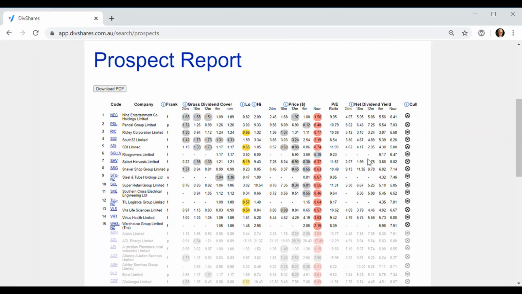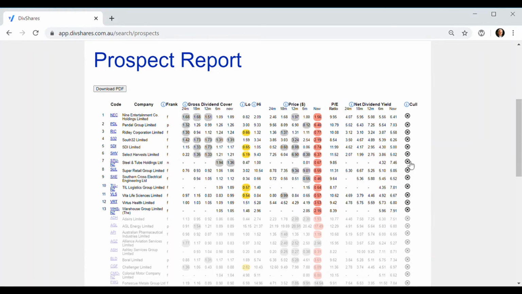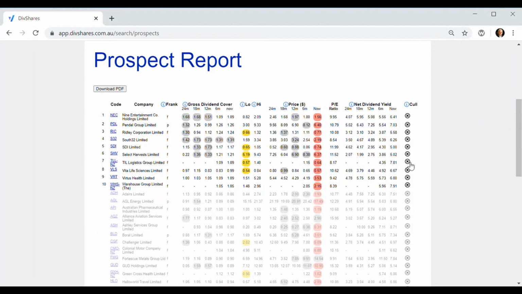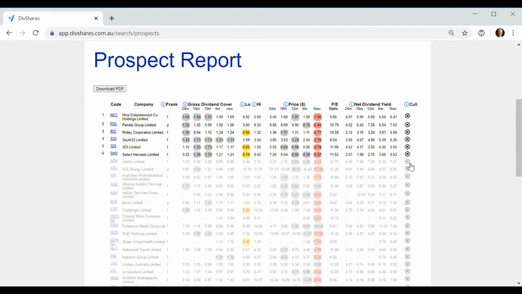Looking good. I'll keep that one in. And it's pretty safe to say we can just remove those remaining stocks. Second glance, okay, right, good.